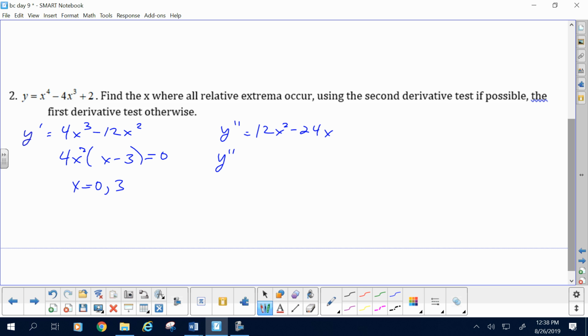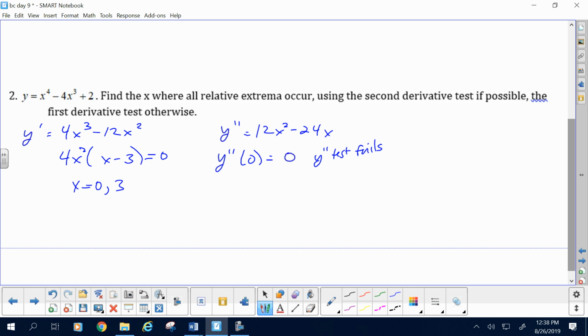If I take the second derivative, do I sign test the second derivative, or do I test the second derivative at those critical points? At the critical points. y double prime at 0 is 0. What kind of concavity do I have then? None. And so what does the second derivative test tell me? Nothing. Second derivative test fails.